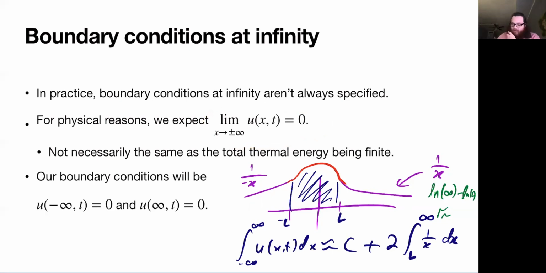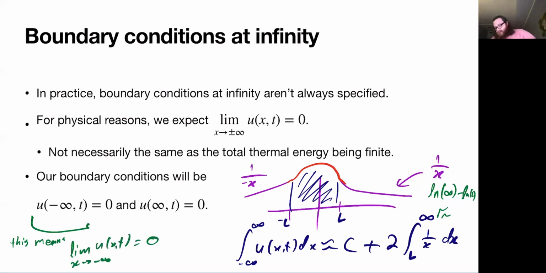And so our effective boundary conditions will be temperature at negative infinity, no matter the time, is going to be 0. So this means the limit as x goes to minus infinity of u of x comma t is 0.